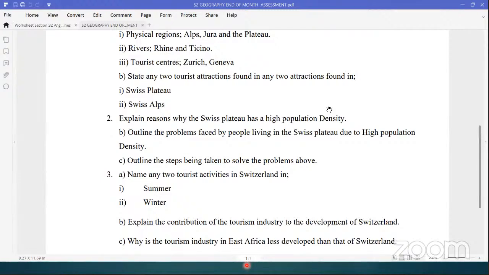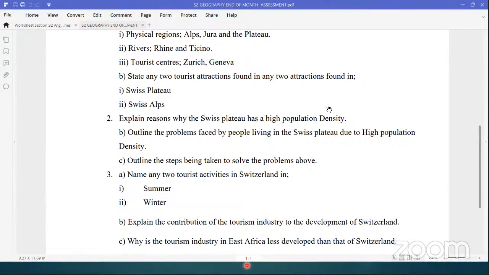Because of high population, she's saying that they have a problem of congestion, especially at rush hours. When we talk about rush hours, I'm sure you understand. There is a problem of congestion on the roads. And she's saying that this one can lead to easy spread of diseases. Yes, that is a problem with high population.